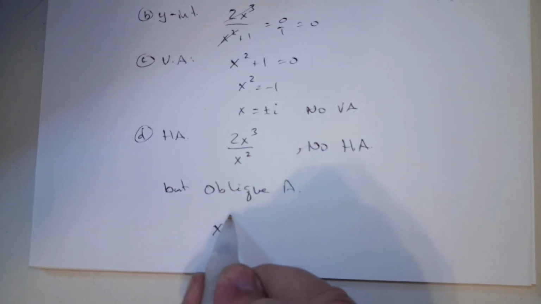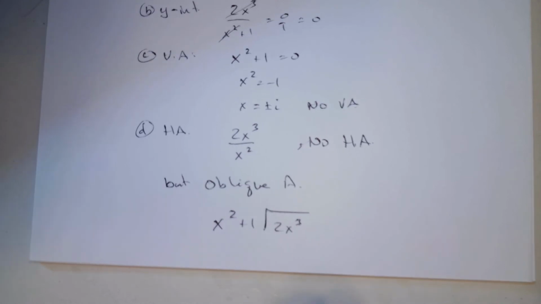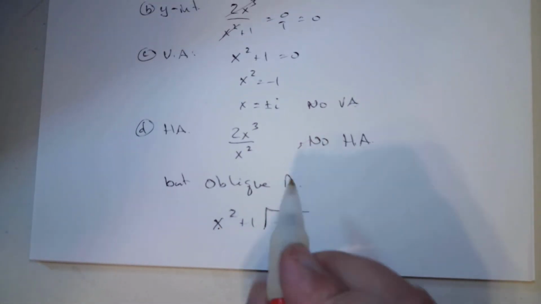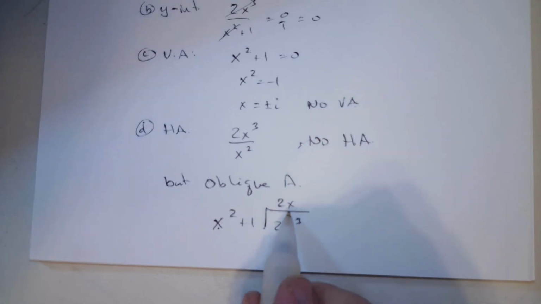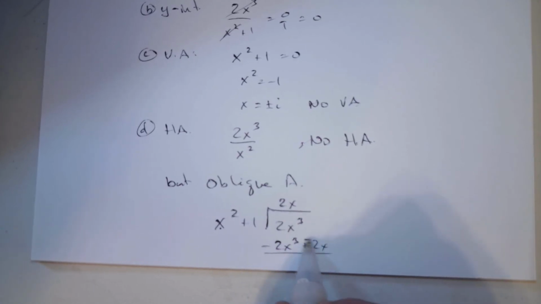So we have x squared plus 1 goes into 2x cubed. x squared times what gives 2x cubed? So it's 2x. 2x times x squared is 2x cubed. Plus 2x changes signs, negative 2x.